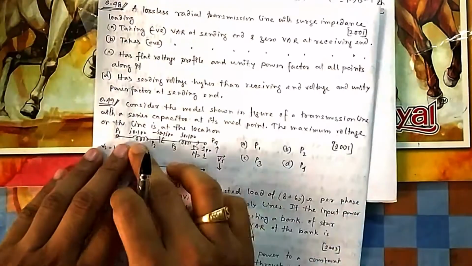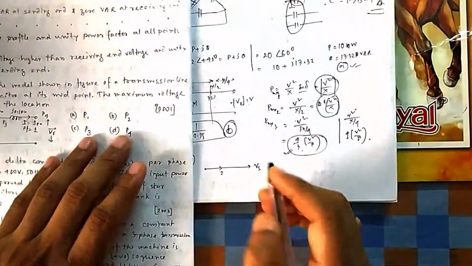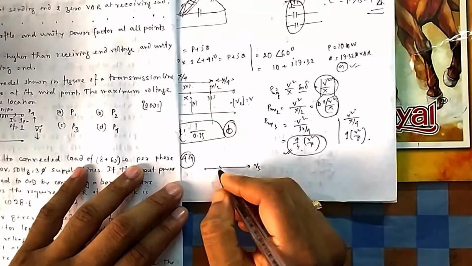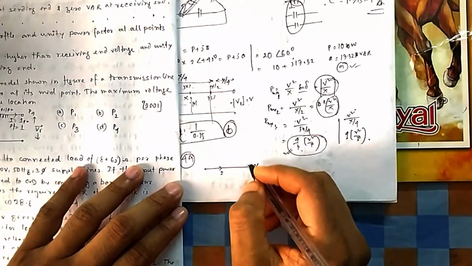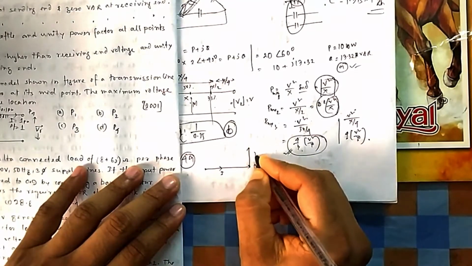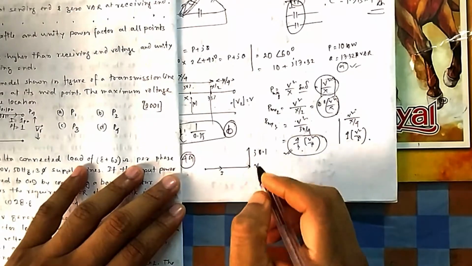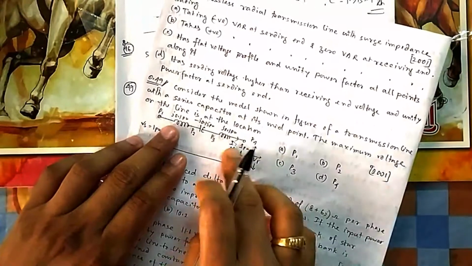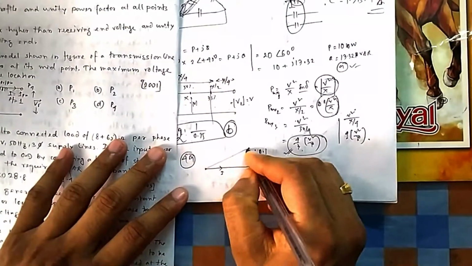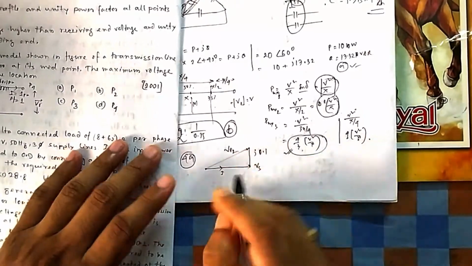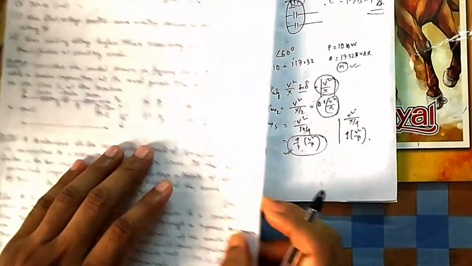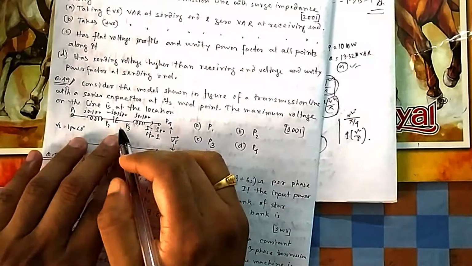So the first drop is the inductor drop. For an inductor, I should be lagging, so the voltage should lead. So it should come somewhere here, J0.1. X into I is 1, so 1 into this is 0.1. So this will be your Vp2, the voltage at the P2 position. Now if you come to P3, what drop will be added?